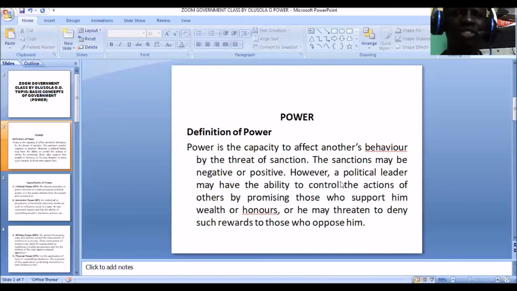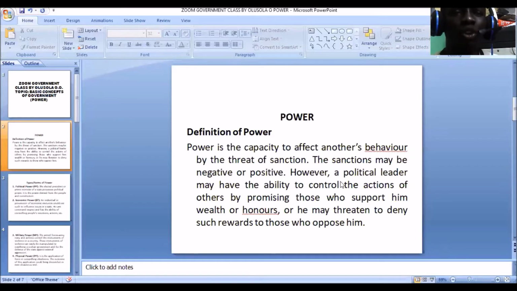It is not totally abstract like the concept of state that we discussed. Although we cannot touch power, the modus operandi of power is very obvious and very effective in nature.